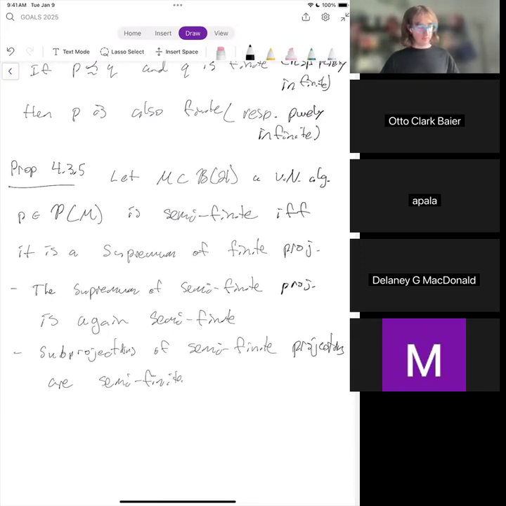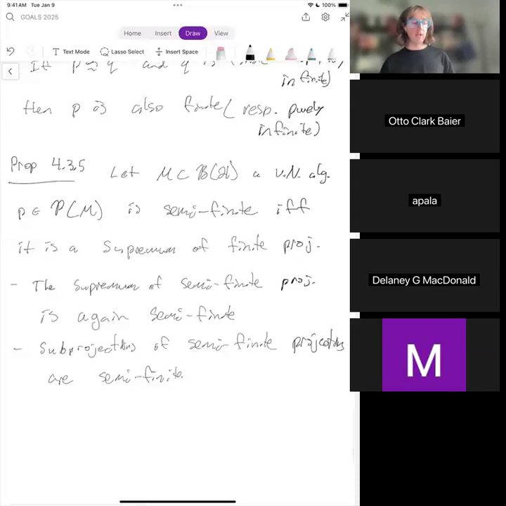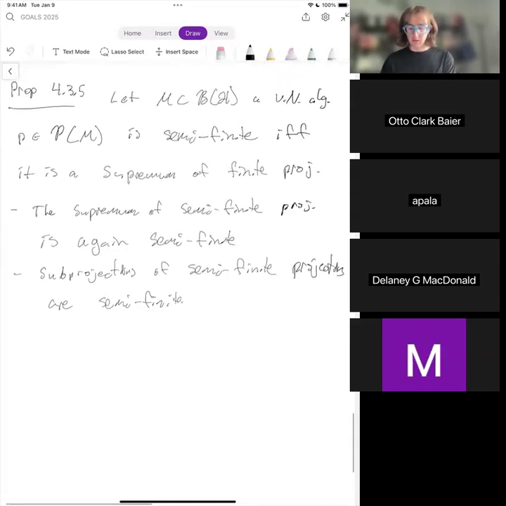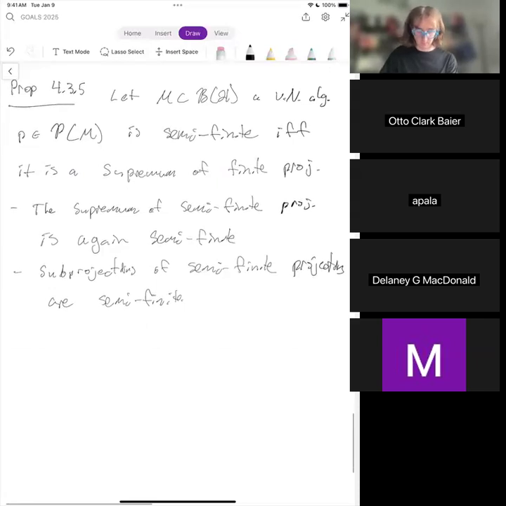Okay, so now that we've discussed a little bit about the types of projections, we can define the types of von Neumann algebras that there are.